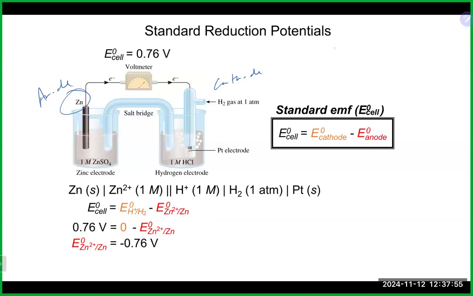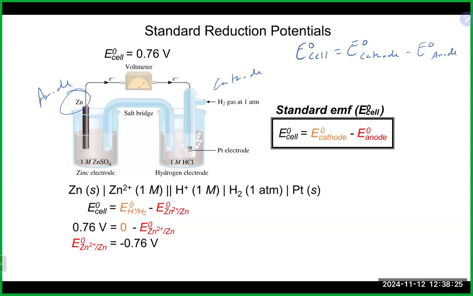You could calculate the cell potential by using this equation, which is E of the cathode minus E of the anode. Now, what I'm going to say right now will probably not make sense for a few more slides, but if you use this equation, you should not change the sign of any value you find in the table.